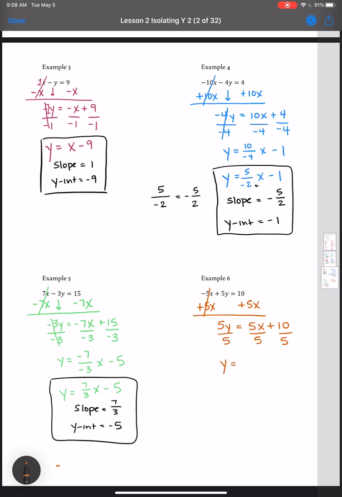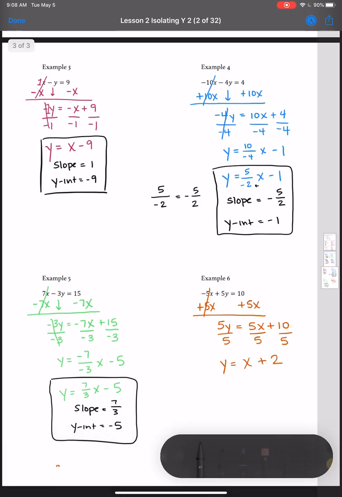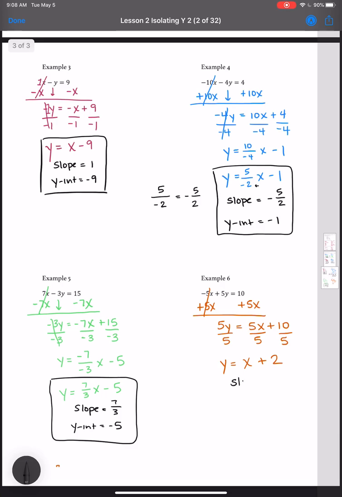Y is equal to 5 divided by 5 is 1. I'm not going to write that 1. 10 divided by 5 is 2. Slope is that invisible 1. Y-intercept is 2. All right, and that's it.